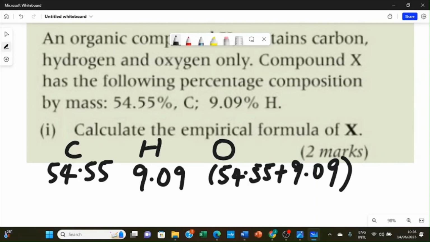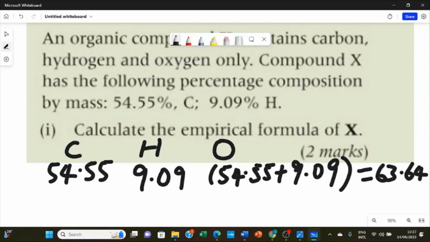Let me use my calculator. 54.55 plus 9.09 is equal to 63.64.